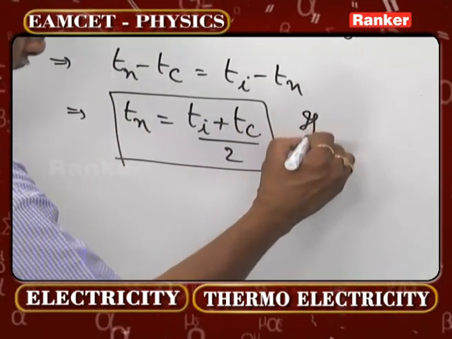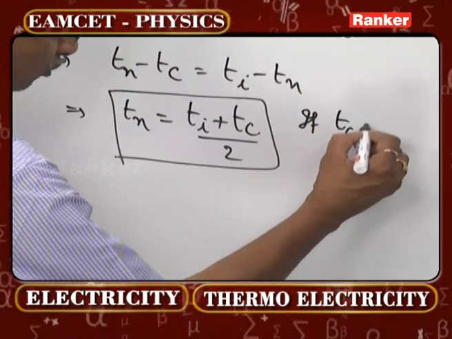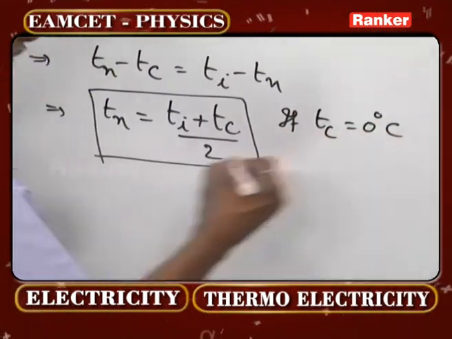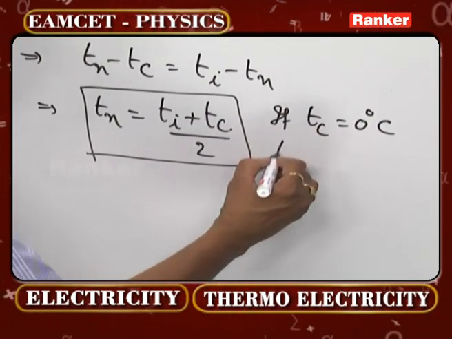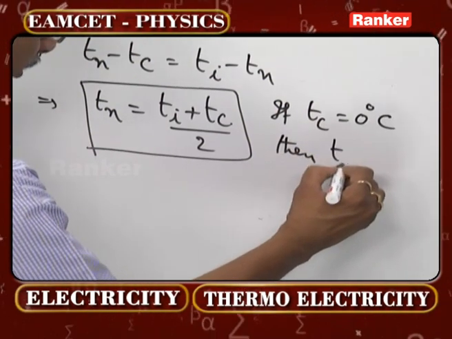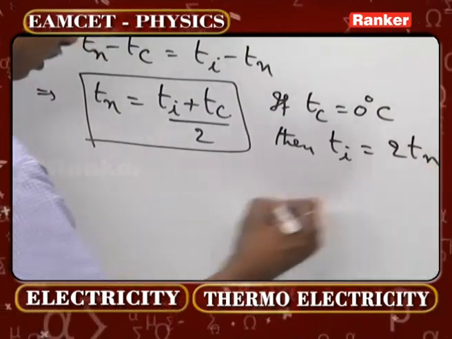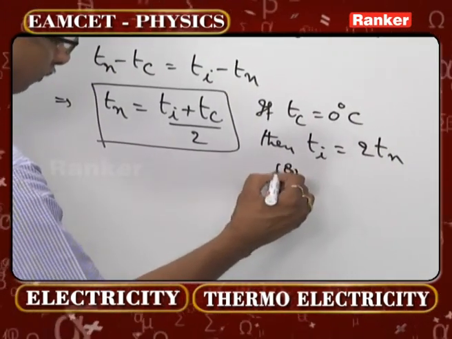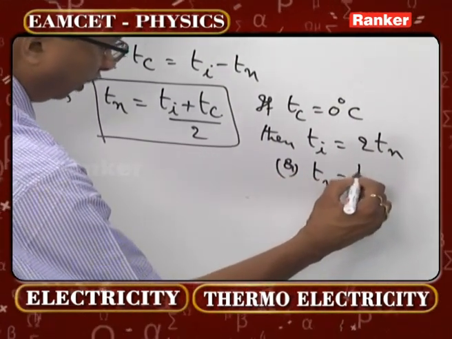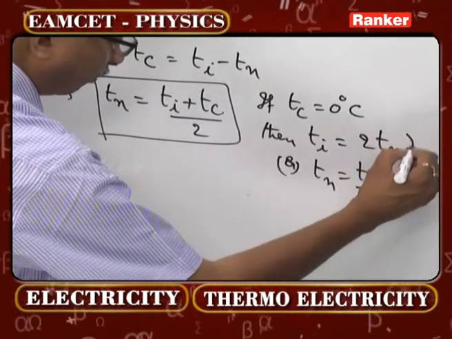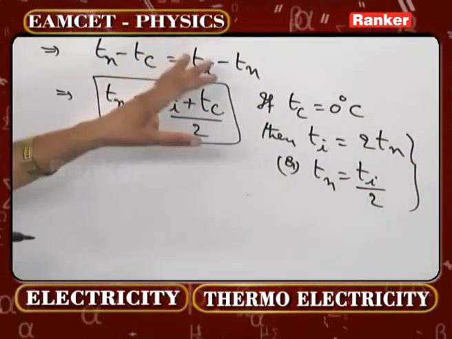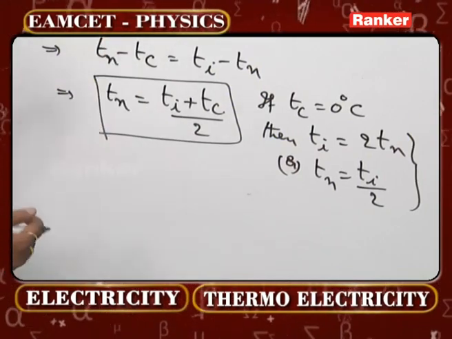Under this, a small condition: if the cold junction temperature is maintained at 0 degree centigrade, then you can directly write that inversion temperature is twice the neutral temperature. Or you can write the same thing as, neutral temperature is half of the inversion temperature. This is one more part you have to remember.